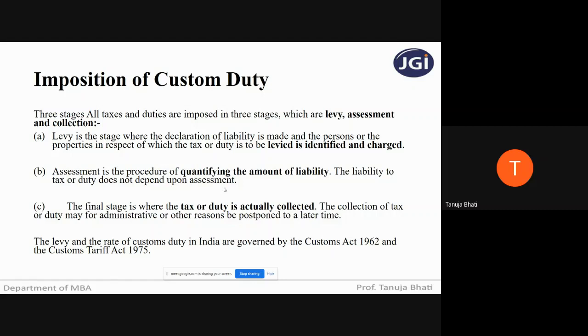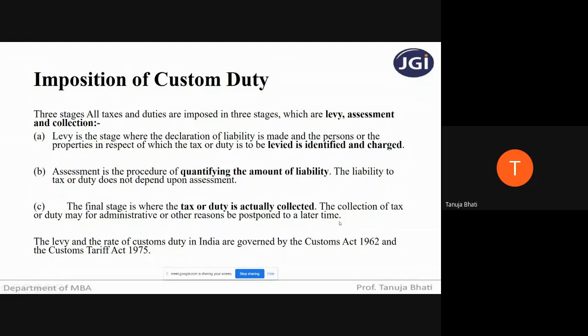Next, the final stage is where the duty or tax is actually collected. The collection of tax or duty may, for administrative or other reasons, be postponed to a later time.